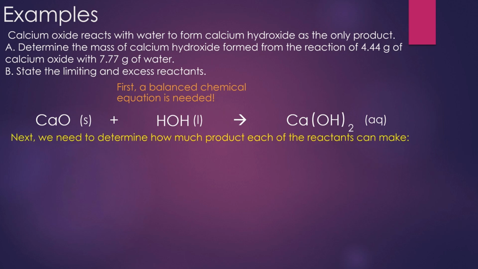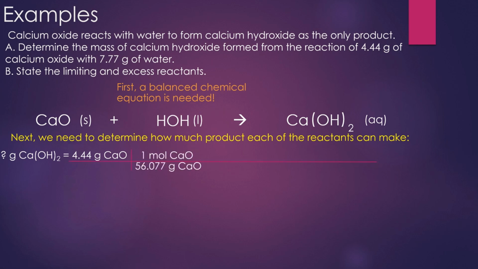Next, we need to determine how much product each of the reactants can make. It doesn't matter which value you start with, so I'll go ahead and start with the first one given to us, the 4.44 grams of calcium oxide. So how much product, calcium hydroxide, can we make with the 4.44 grams of calcium oxide?